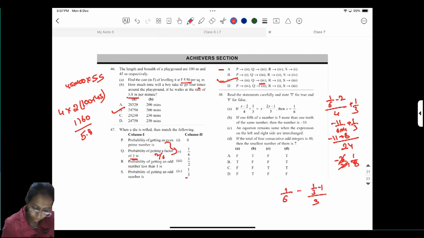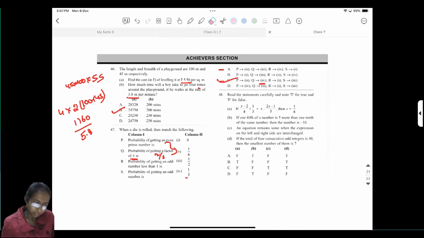So this is minus 2 by 3, 1 by 6 plus 2 by 3 by 3. 12, 18. 3 and 2, 5. 5 by 18. So x is not coming to be 1 by 6. This is false, right? So for the first one, false will be there. So B option is incorrect.